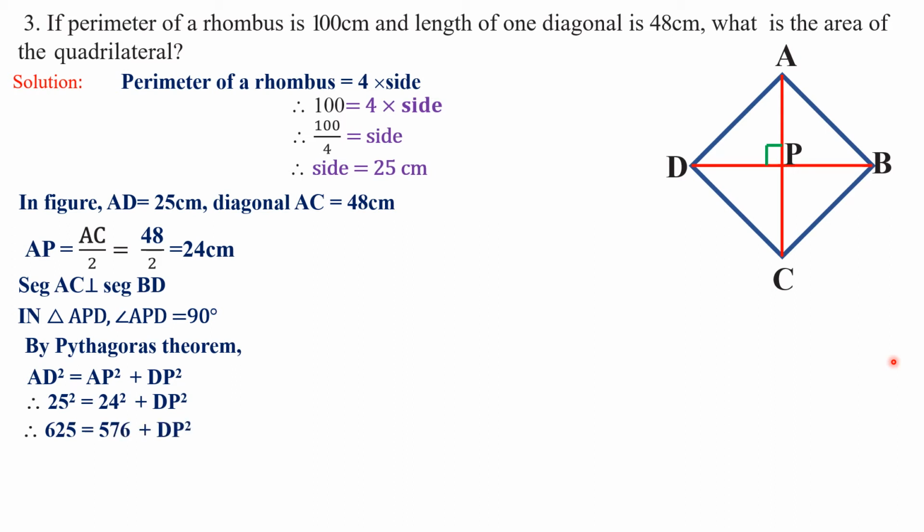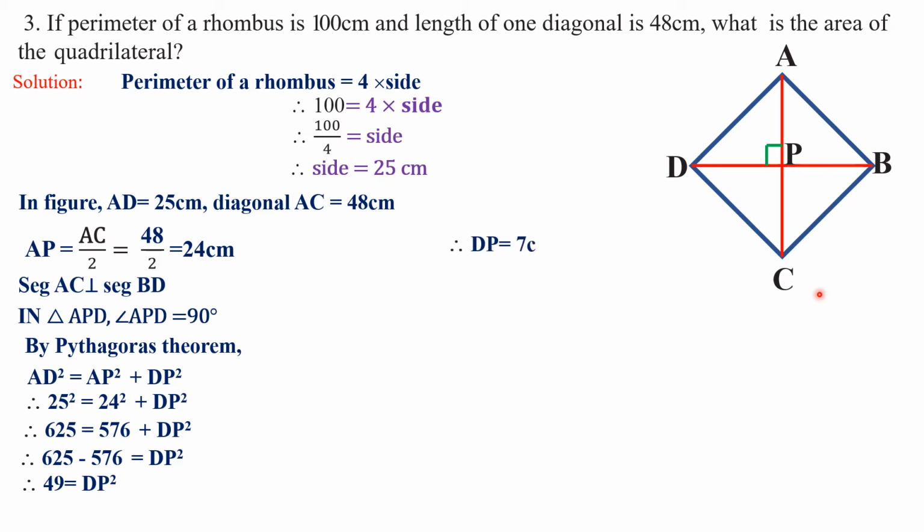625 is equal to 576 plus DP square. Now this 576 we bring on the left hand side. Therefore, 625 minus 576 is equal to DP square. We subtract, we get 49 is equal to DP square.